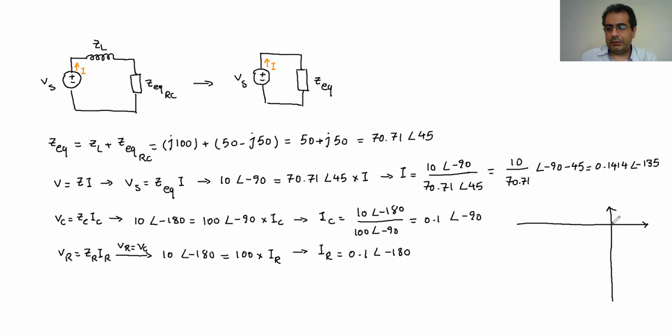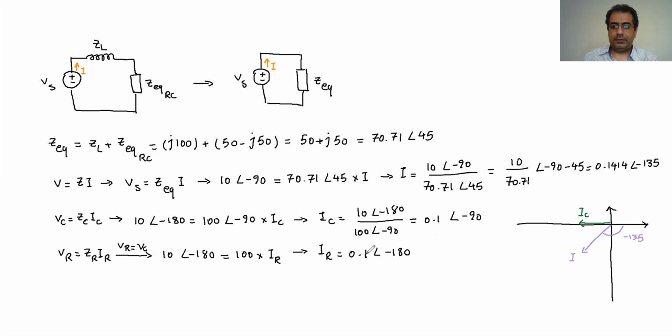I'm not going to keep the scale correct, but I'll try to draw the angle correctly. So this is the angle, negative 135, and this is the I. And then we have the IC, which goes here. So this is the IC with the negative 90 that we have.